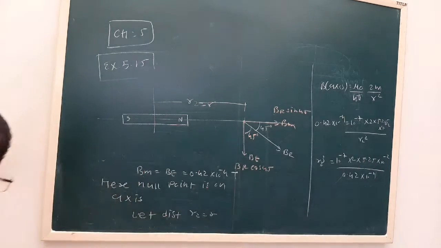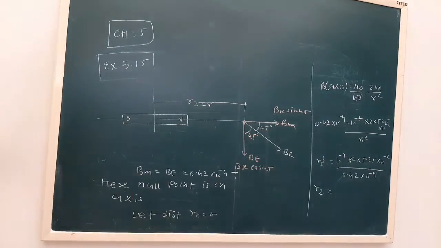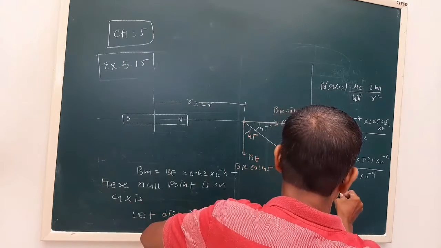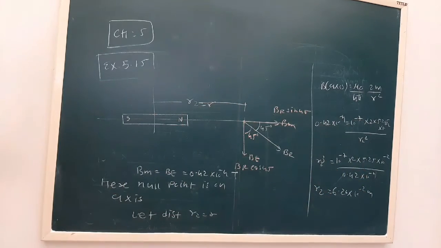Now if you solve for the r2 value by the same method, we'll get 6.2. Okay, this is how we can solve.